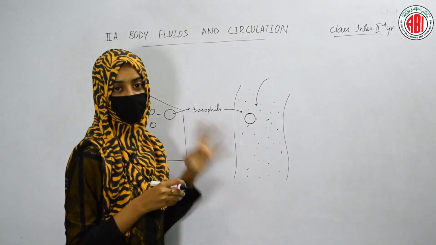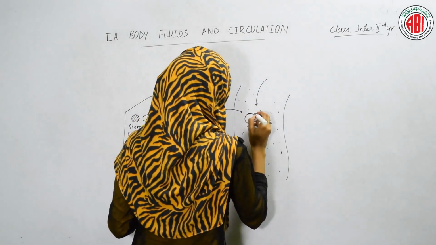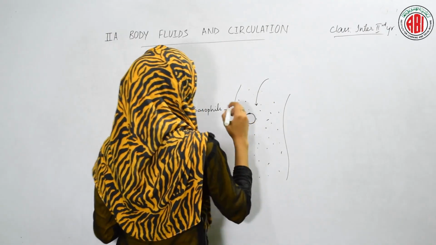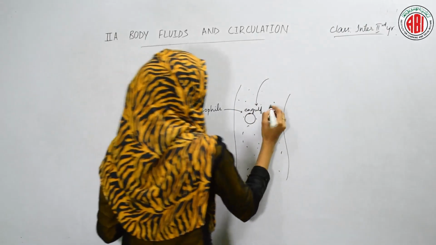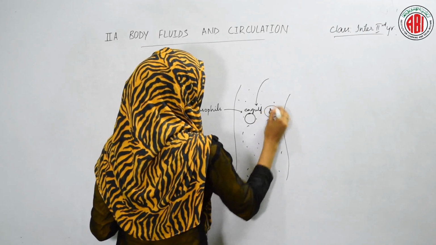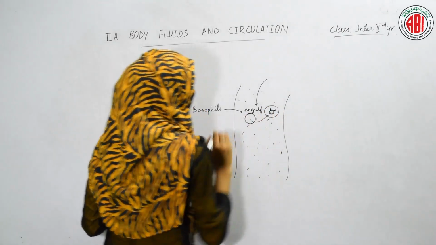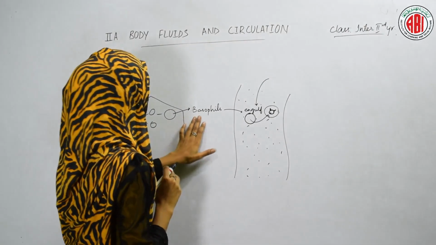That means their function gets started. So what does it do? Basophils are the WBCs that have the ability to engulf the bacteria. So this is our bacteria. If it enters into the blood, this bacteria is engulfed by the basophils.